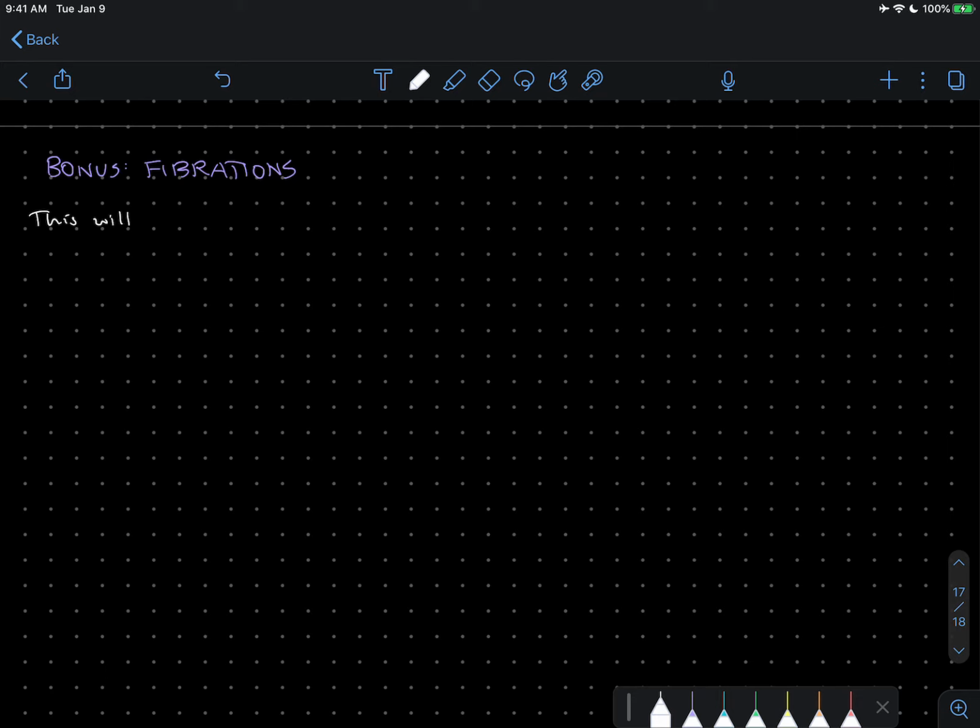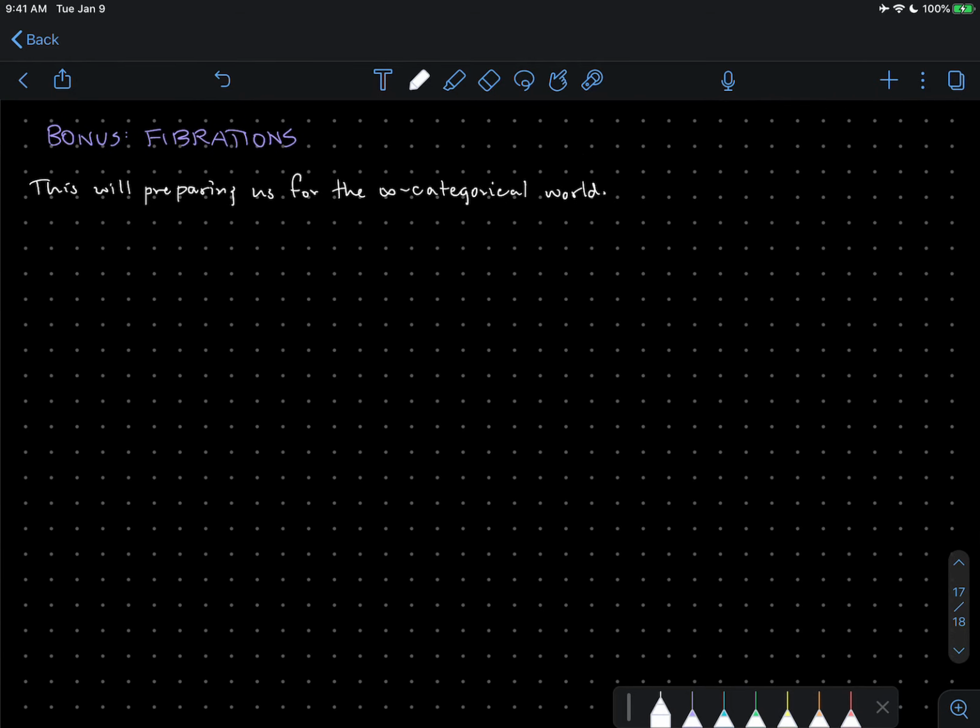So this is sort of preparing us for the infinity categorical world. I also just find it pretty interesting, which is basically the entire reason that I'm mentioning anything in any of these lectures.